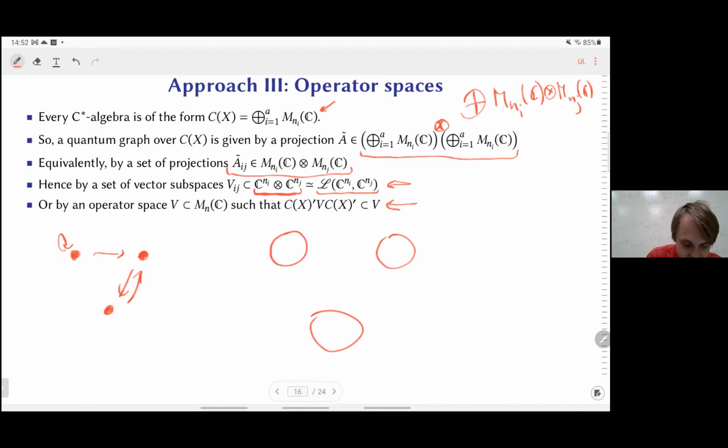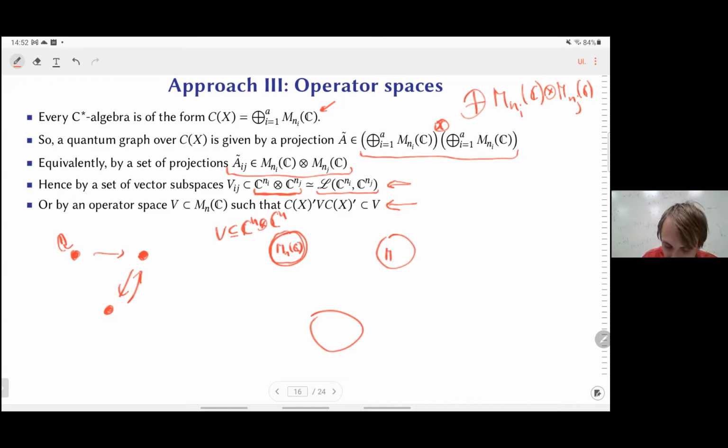Classically, at each vertex you can have at most one loop, but here, associated to every quantum vertex, there's a whole vector subspace of C^n tensor C^n, characterizing some edges inside this quantum vertex.